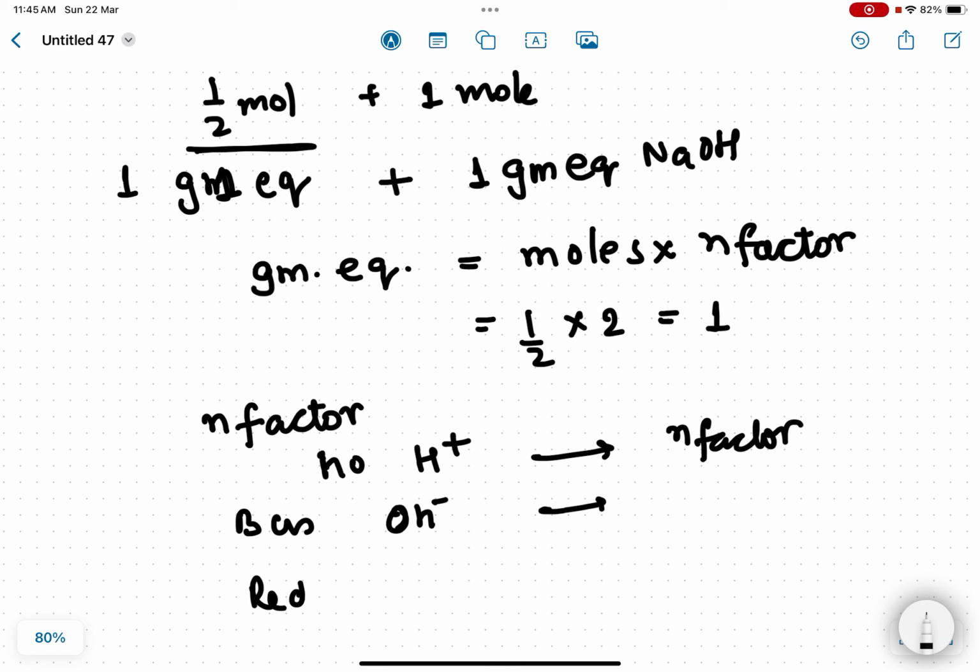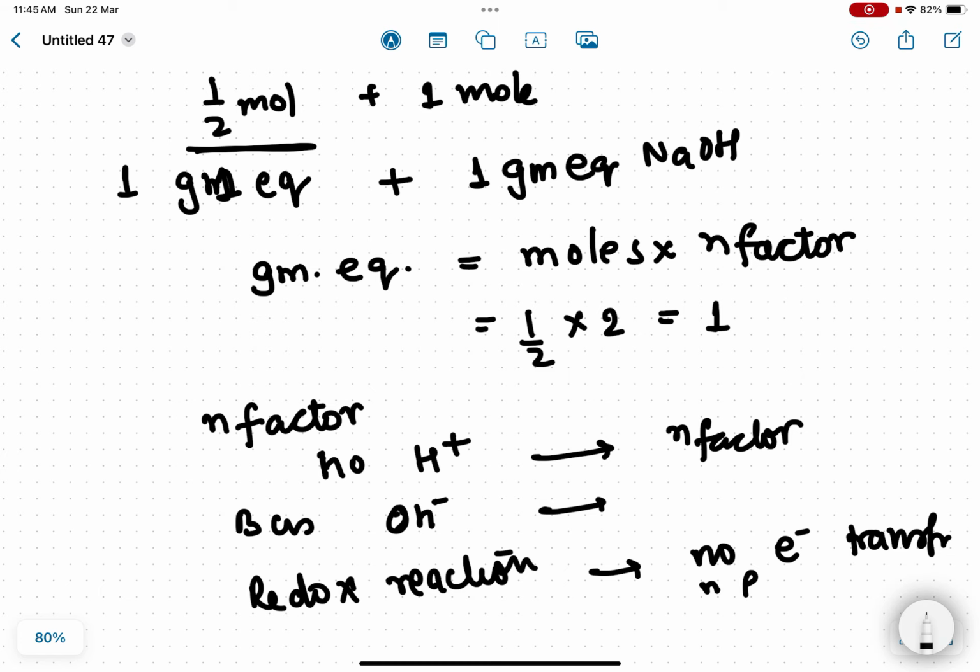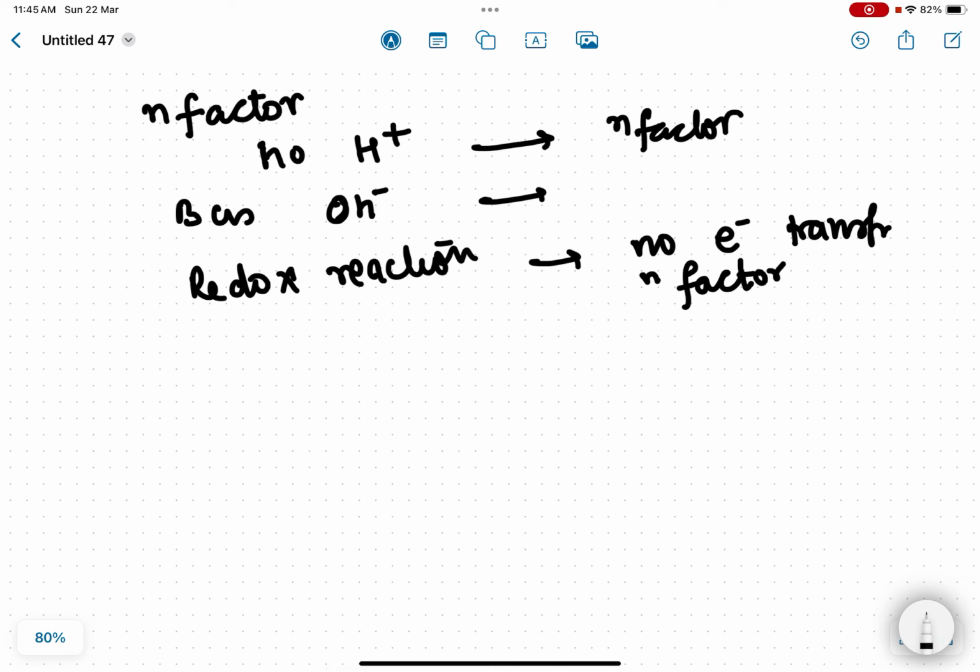And for a redox reaction, the number of electrons transferred is termed the N factor of that reactant. I hope this N factor is clear. So why have we introduced this N factor? To reduce the overhead of balancing the reaction, because earlier, for any such reaction, we always needed to know the balanced reaction.